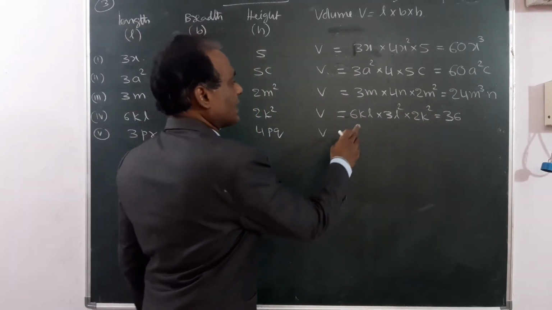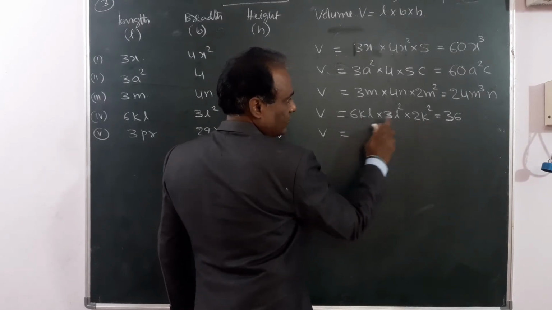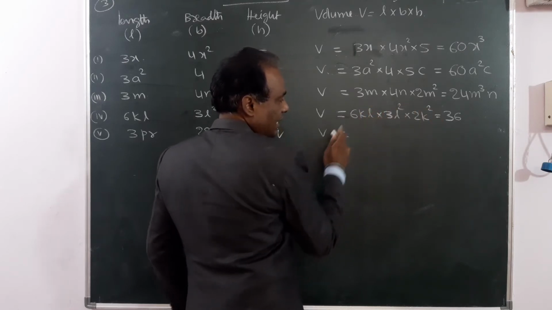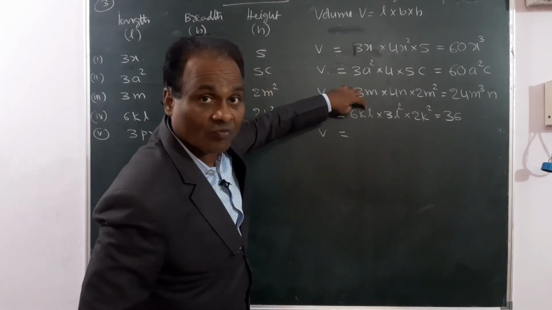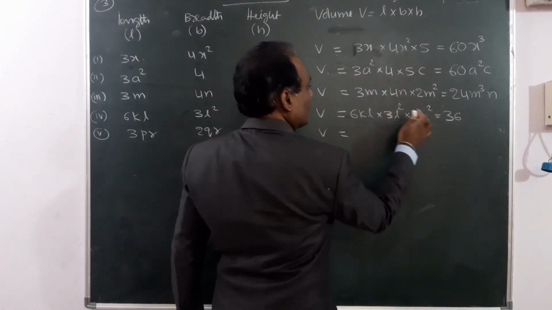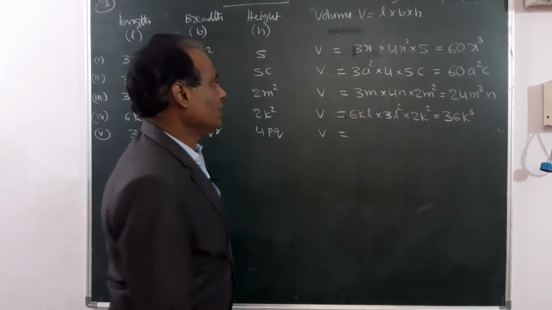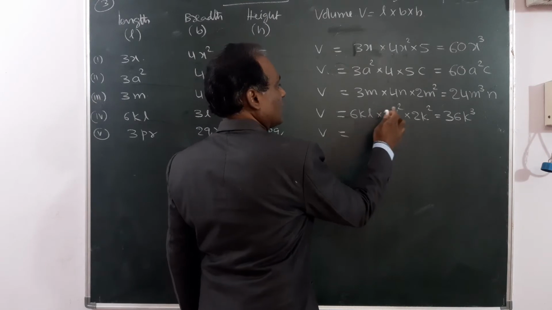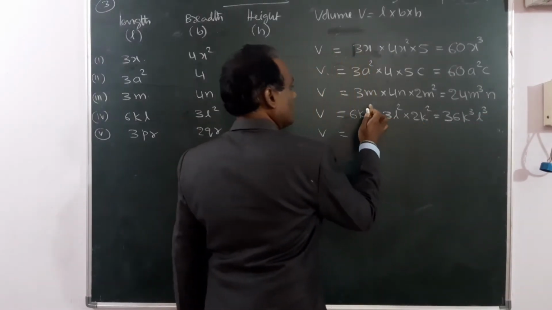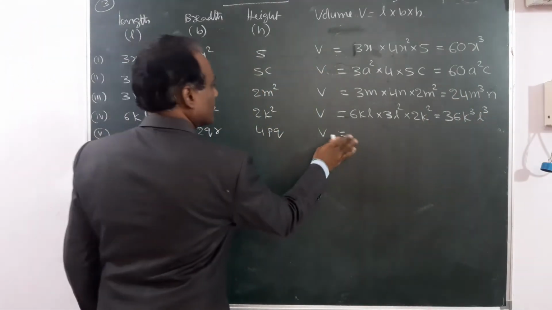Next, k terms, same base, powers are added. k power 1 plus 2 is 3, k power 3. l, this is power 1, this is power 2. So 1 plus 2 is 3, l power 3. Same here.